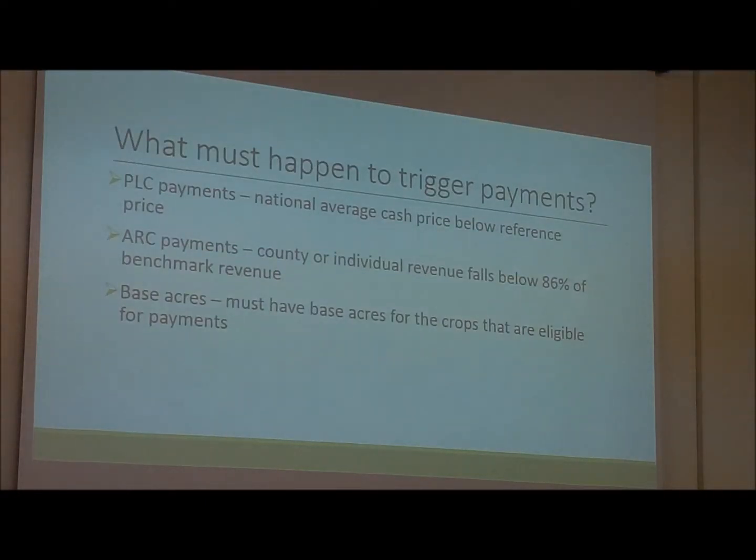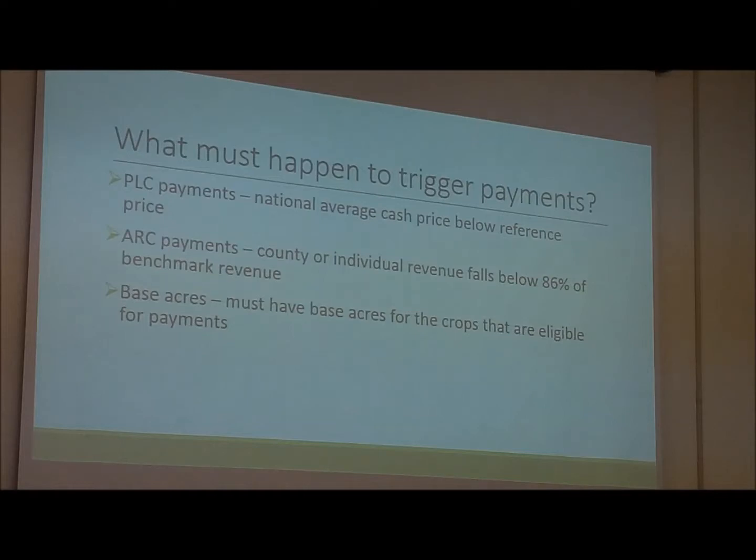Same thing with the same years for yield, so you come up with a benchmark revenue. Then if the current year's revenue falls more than 14% below that, that difference, to a maximum of 10% of the benchmark, is the potential ARC payment.